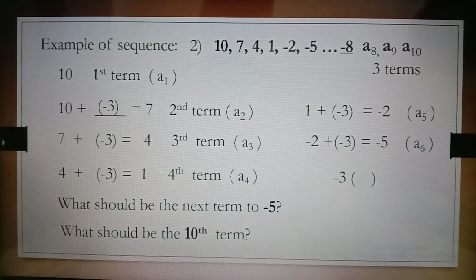Ibig sabihin, para sa 3 term. So, negative 3 times 3 equals negative 9. And negative 9 will be added to negative 8. And the result is negative 17. So, yung 10th term natin ay negative 17.